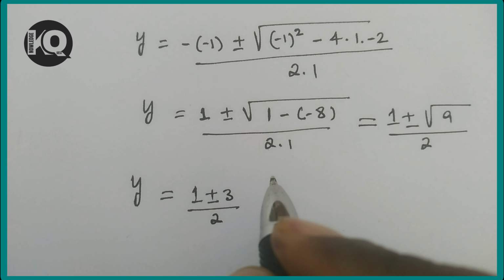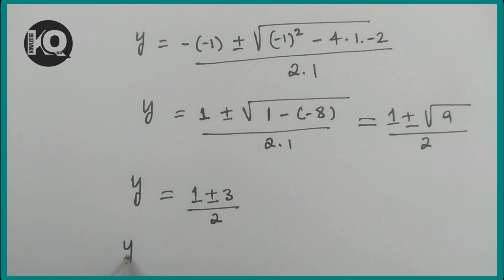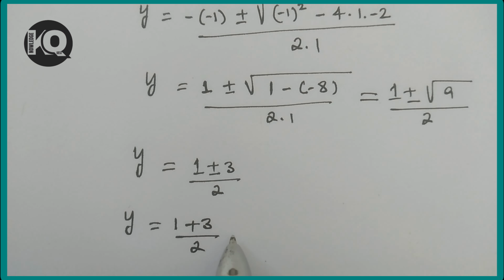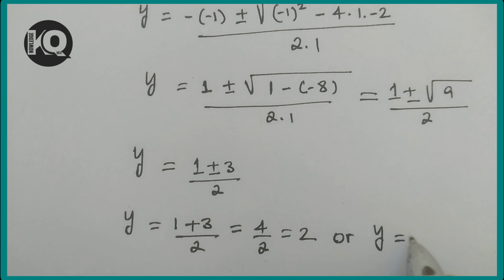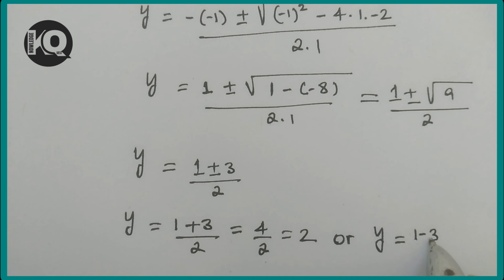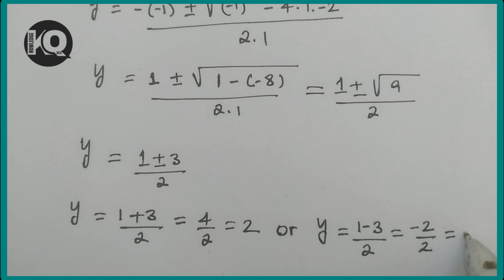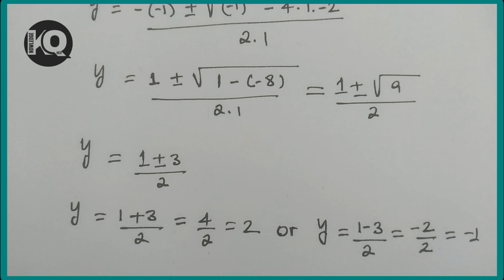So we have two alternatives. One, y equal to 1 plus 3 divided by 2, which is 4 divided by 2, which is equal to 2, or y equal to 1 minus 3 divided by 2, which is minus 2 divided by 2, which is equal to minus 1.